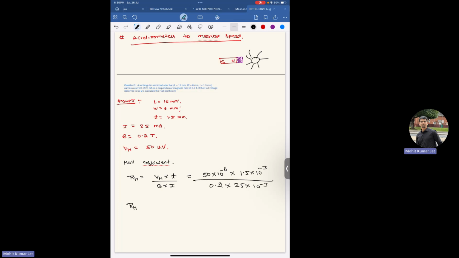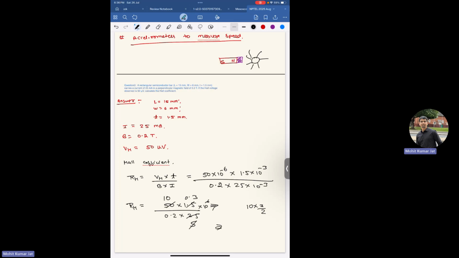So your RH, if you calculate it, will be 50 into 1.5 divided by 0.2 into 25. So this will be 10 into 3 by 2 into 10 power minus 6.